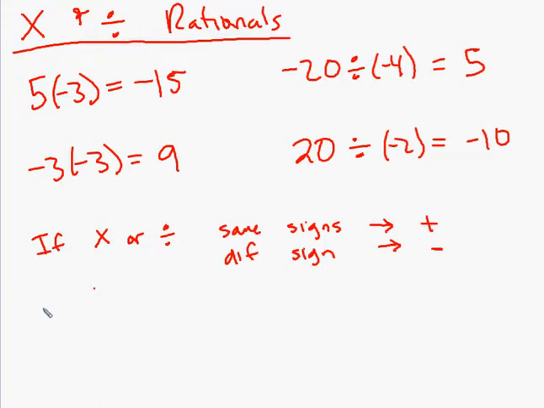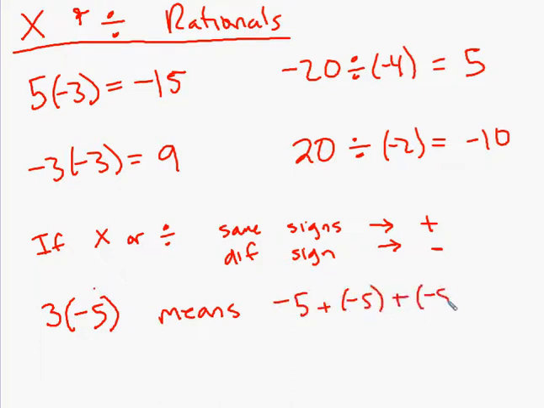So if I had, say, 3 times negative 5, that means negative 5 plus negative 5 plus negative 5. And then from when we did addition, those are all negatives, same sign sum, so I add all those up and keep the sign. So that's why it works out that way, but you don't need to write it out. That's just the reason why this rule works.